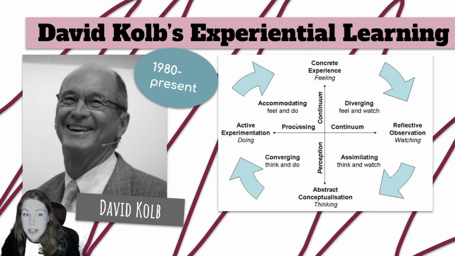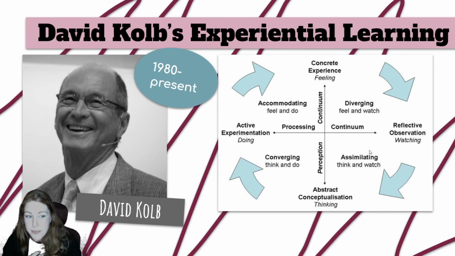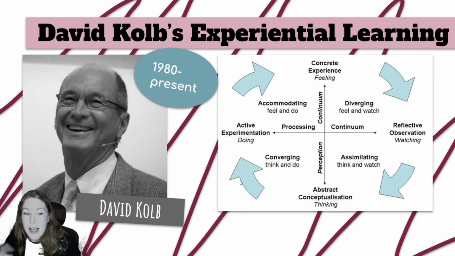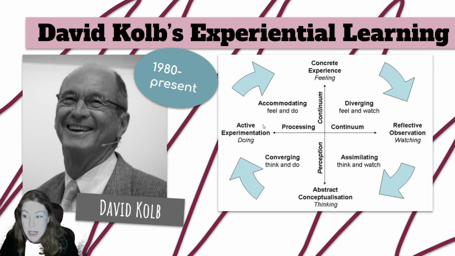It starts with concrete experience or a feeling, and then diverging from that, observing and reflecting on what the experience was, thinking and then watching, abstractly conceptualizing that experience, and then converging into doing something, doing another experimentation or similar experience to continue the cycle of experiential learning.